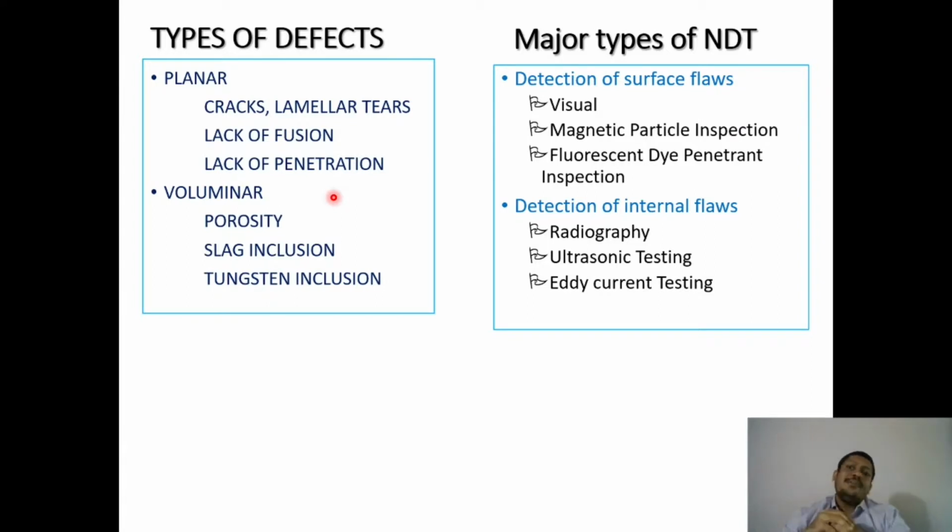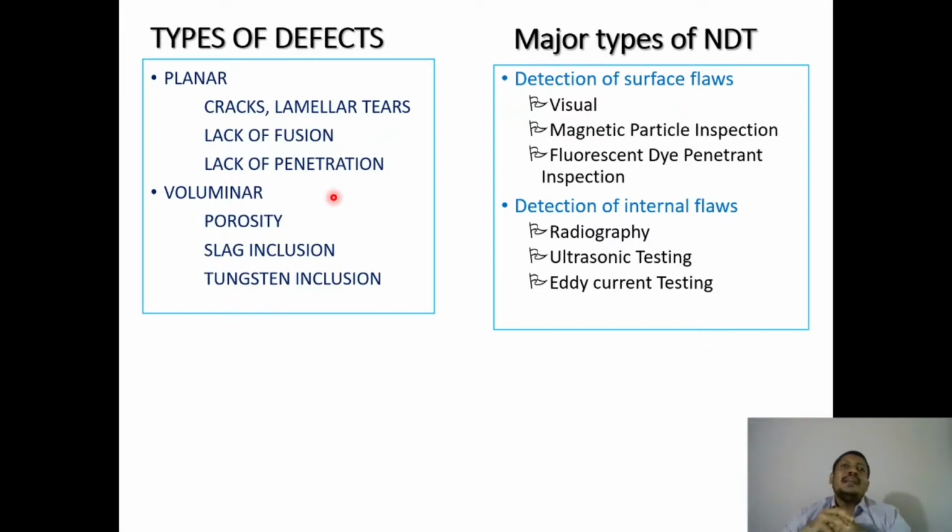Such a testing process is called the destructive testing process, where the specimen you have made is destroyed, and you are evaluating the characteristics of that particular specimen. So that is the destructive testing process.